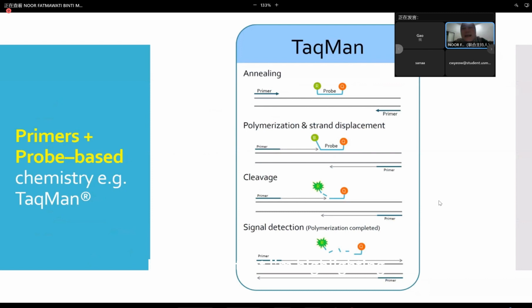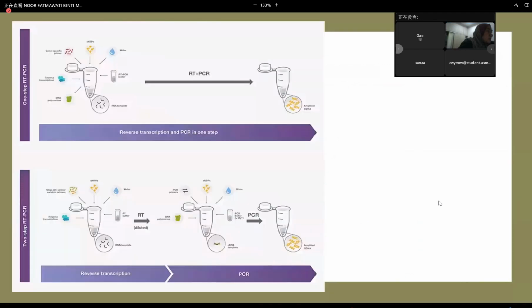But the one that I'm highlighting here is primers in combination with probe, and that probe is labeled with this quencher and fluorescence label. Again, this image is to show the difference between one step and also two step.